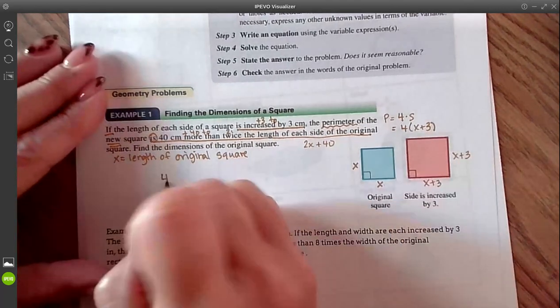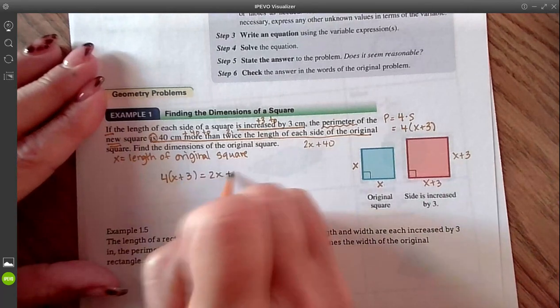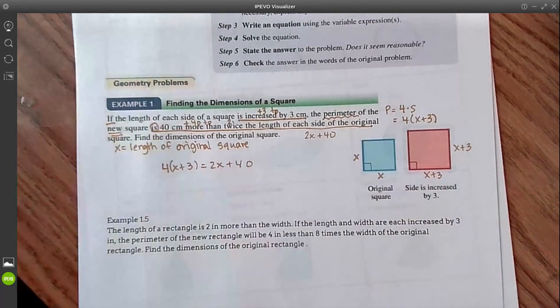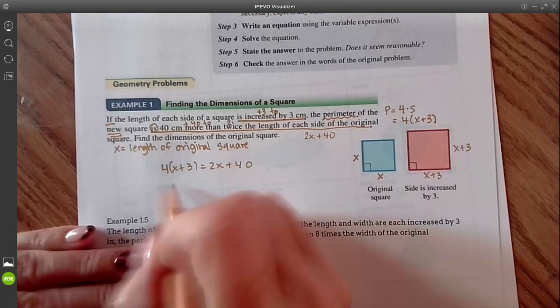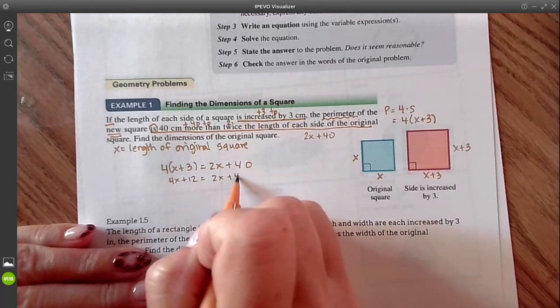So we've got an equation. 4 times x plus 3 is equal to 2x plus 40. Now usually once we have these written, they're pretty easy to solve. So we'll solve this one by distributing the 4 and then moving all of our variables to the same side. So 4x plus 12 equals 2x plus 40.